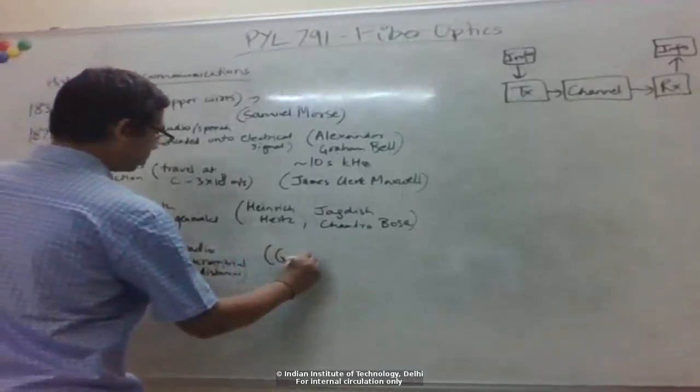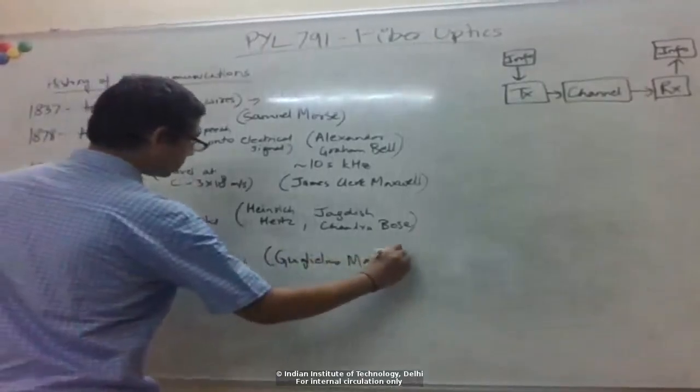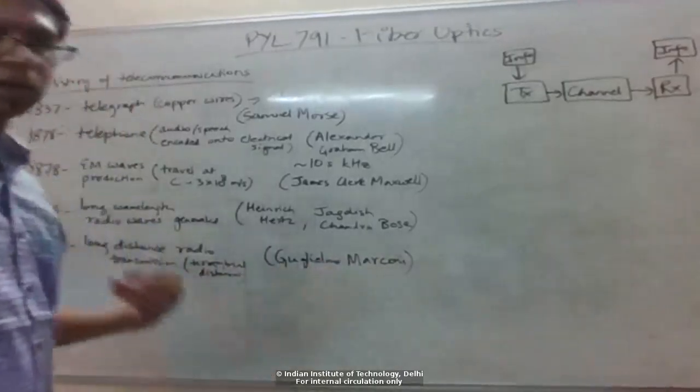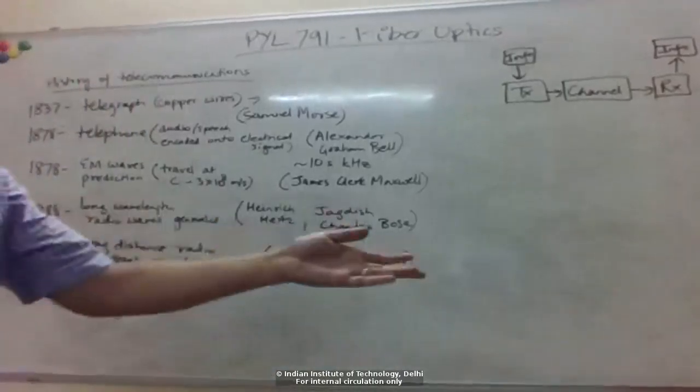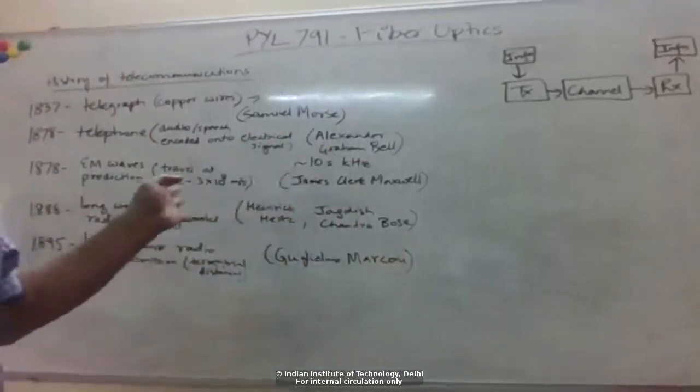This was done by another person whom you might have heard of, Marconi. Famously, a few years later, he was able to demonstrate radio transmission across the Atlantic, from England to the US.